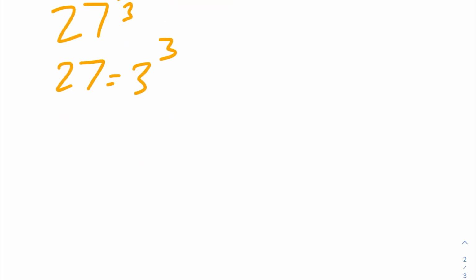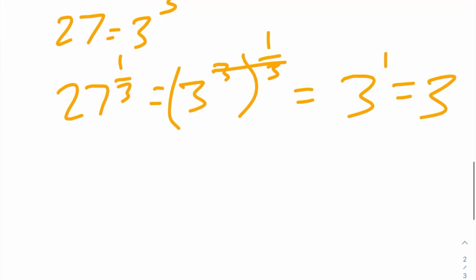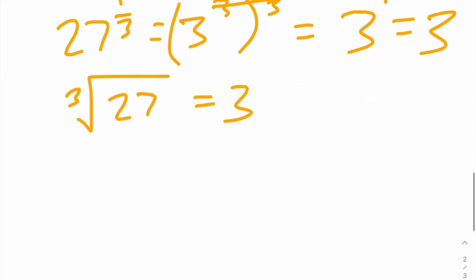So 27 to the power of 1/3 is equal to 3 to the power of 3, to the power of 1/3. These two are reciprocals of each other, so they cancel out. So we get 3 to the power of 1, which is equal to 3. And we also see here that the cube root of 27 is equal to 3. So taking x to the power of 1/3 is equivalent to taking the cube root of x.